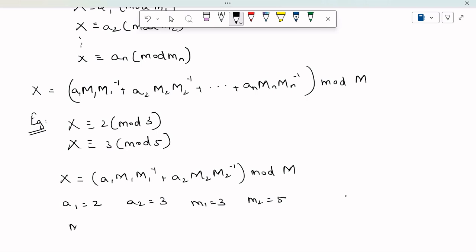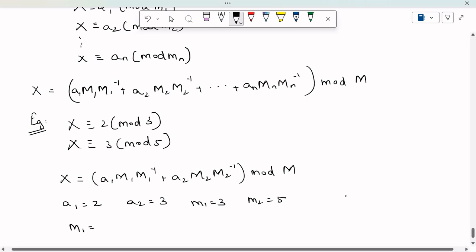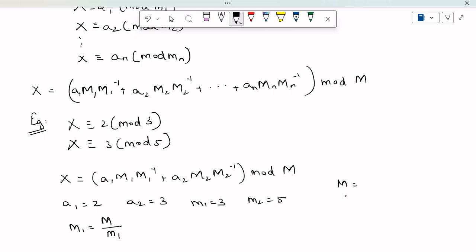So what is capital M1? Capital M1 is capital M divided by small m1. So what is capital M? Capital M is nothing but the product of all the moduli. So M is equal to m1 into m2, where m1 is 3 and m2 is 5. So it is 3 into 5, that is 15.